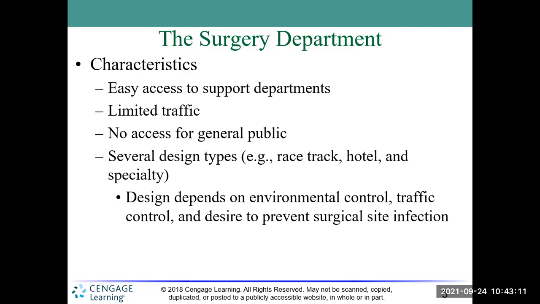But traffic control is really important in this as well, because remember, the circulator is your person that's going to be able to leave the OR and access other equipment and supplies. And there's very little traffic outside of the OR during cases, and that is to help with that contaminant reduction.